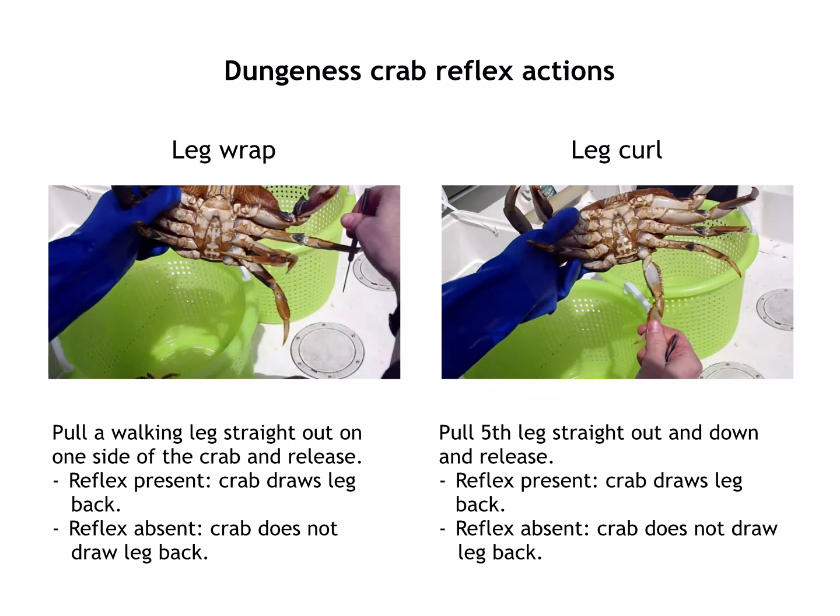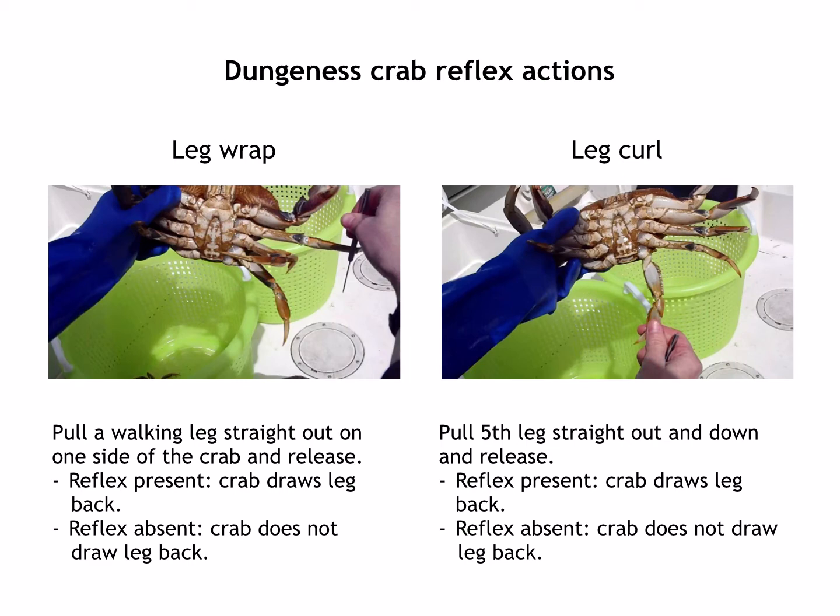Leg wrap. Pull a walking leg straight out on one side of the crab and release. Reflex present. Crab draws leg back. Reflex absent. Crab does not draw leg back. Leg curl. Pull fifth leg straight out and down and release. Reflex present.